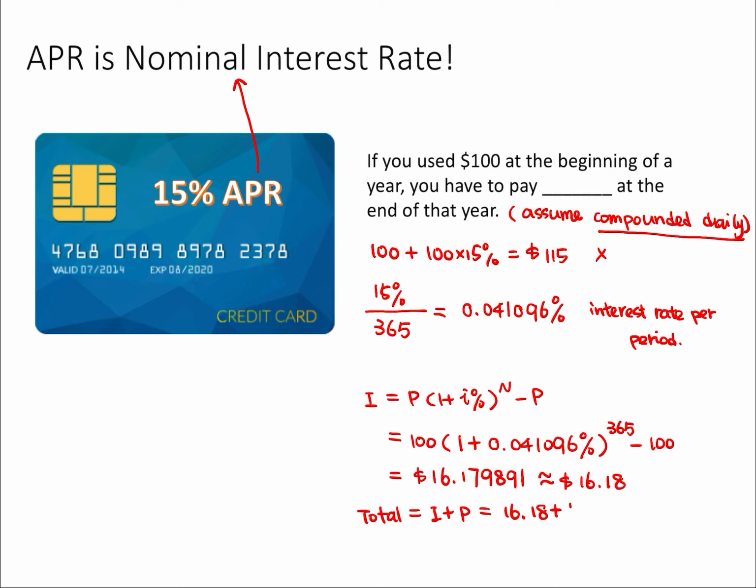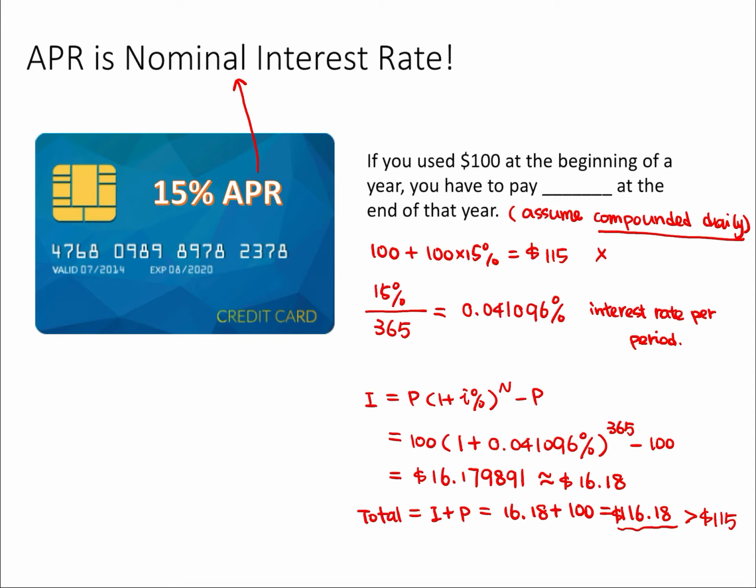So it's gonna be 16.18 plus 100, which is 116.18 US dollars. You see that? That's the actual amount you have to pay, and it is bigger than what your first thought is, 115.